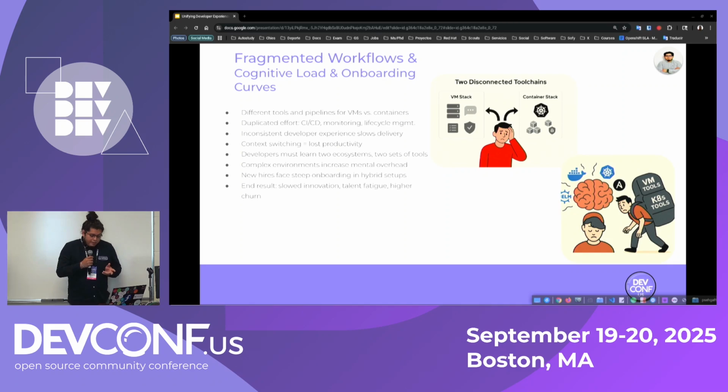What should be a streamlined process becomes two or more disconnected ones. The impact falls directly on developer experience: instead of a smooth path to delivery, teams face inconsistent workflows that slow everything down. Every switch from one toolchain to another means context switching, and context switching means lost productivity and higher cognitive load.